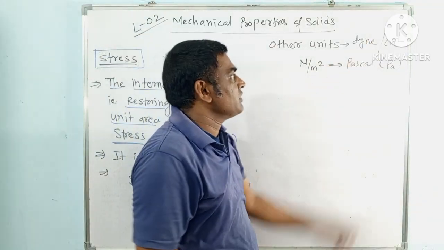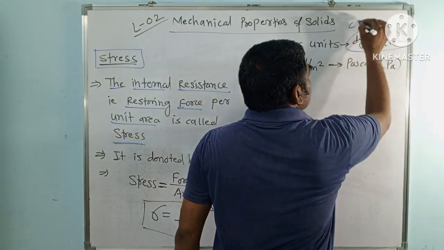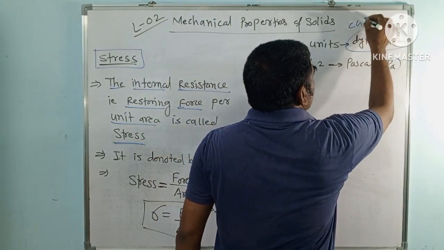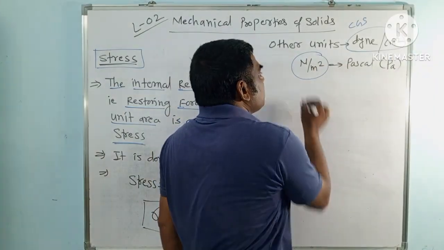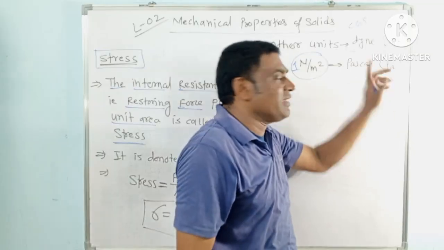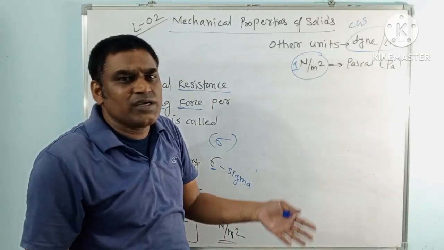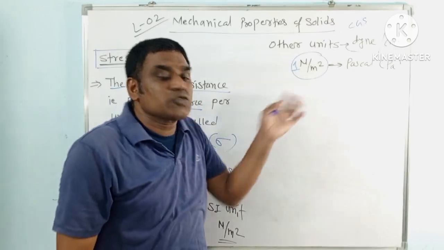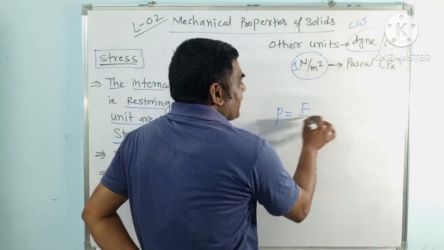Other units: the CGS unit is Dyne per centimeter square. Then other units are also there. 1 Newton per meter square is called Pascal, Pa. Mostly those units we use for pressure. Pressure is also force by area, no?